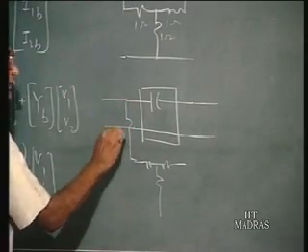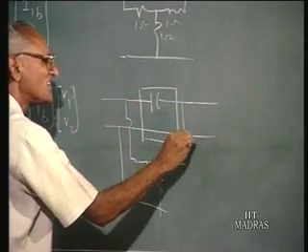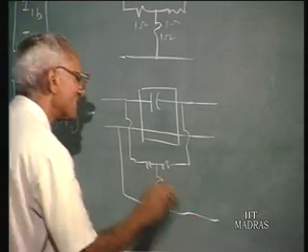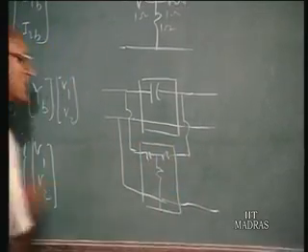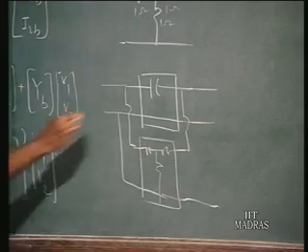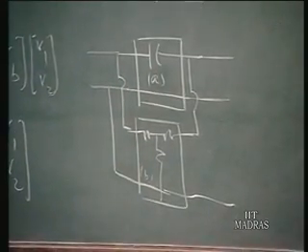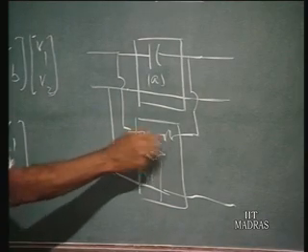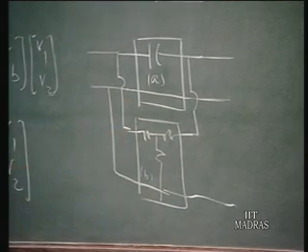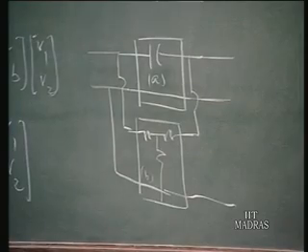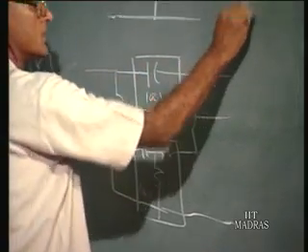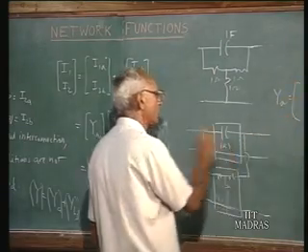So, you have the parallel combination of these 2 networks A and B. And if these are 1 ohm resistances, this can be converted into a delta connected set of 3 ohm resistances, as we have seen.